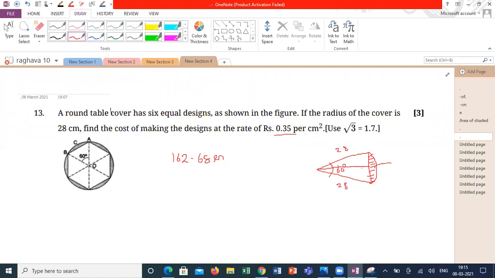Draw a perpendicular, and if I'm taking this as m, find the AM value, then you will get the triangle area. So sector area minus triangle area will give the shaded region. Most of the solution is done. Once you get the shaded region, it will be easy. How much did you get for the shaded region?